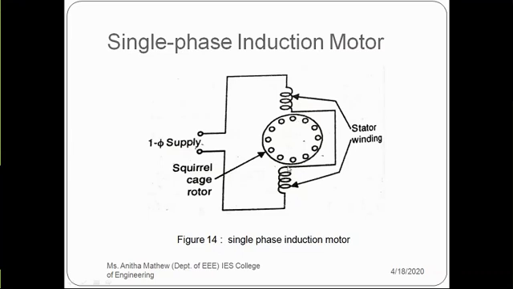This pulsating flux cannot cut the rotor conductors. When rotor conductors are not cut by the flux, what will happen? No EMF will be induced. And when no EMF is induced, no induced current will be produced. Thus, the single-phase induction motor is not self-starting. This is an important question for K2 students.